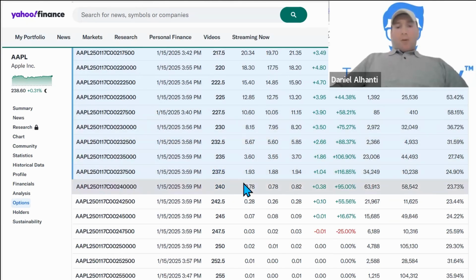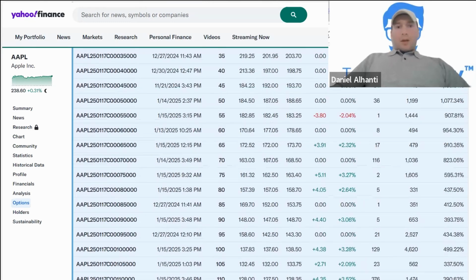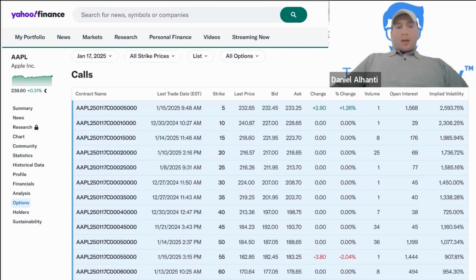Now, let me just scroll back up real quick because there's something important here. These are all based on different expiration dates. So January 17th, meaning that if I were to buy a call contract, and you don't even need to think of it like a contract, it's really just an entity.